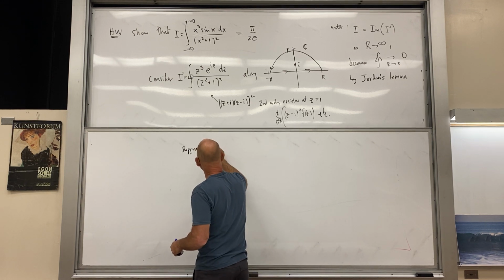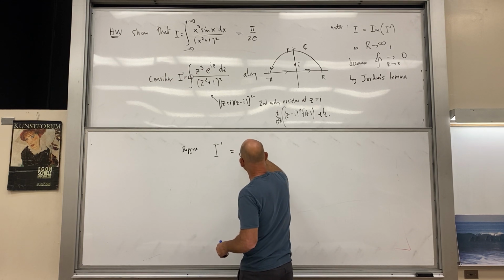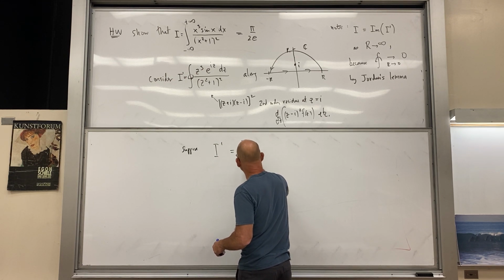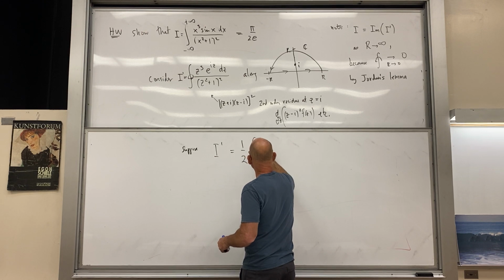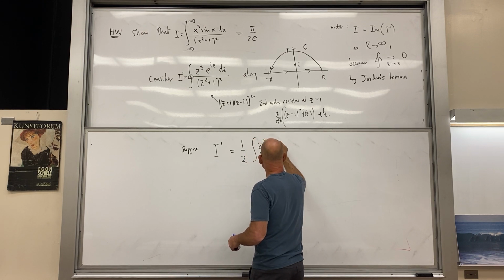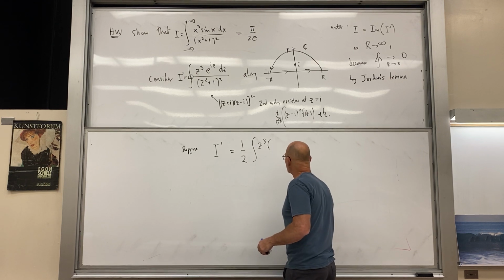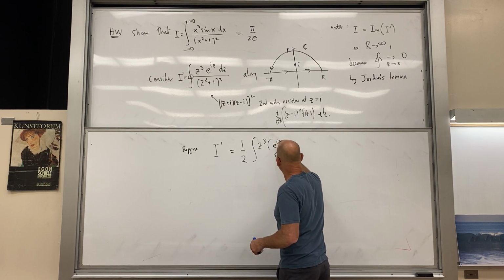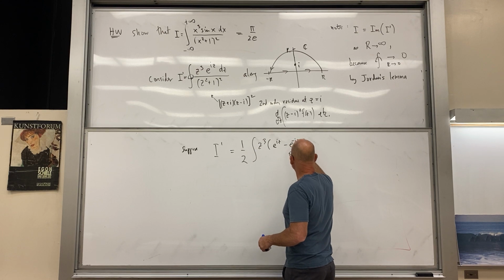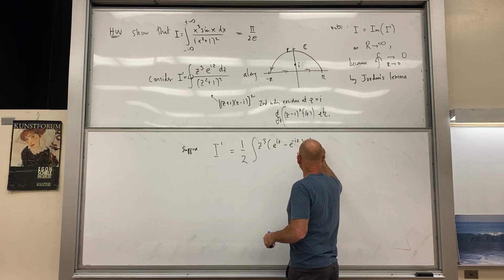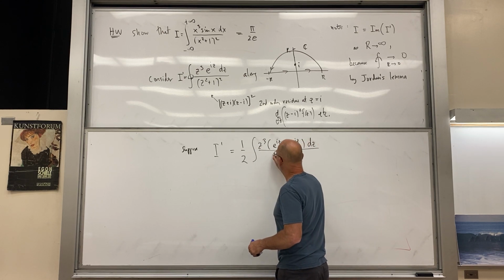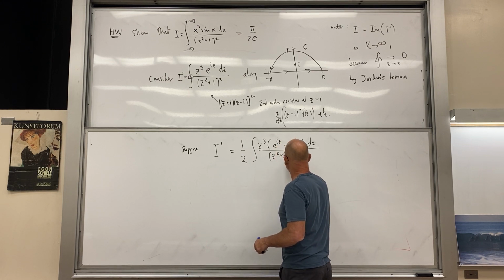Suppose we wrote I prime equals, I'll bring the 1/2 out in front, integral z cubed, e to the iz minus e to the minus iz, dz over z squared plus 1 squared.